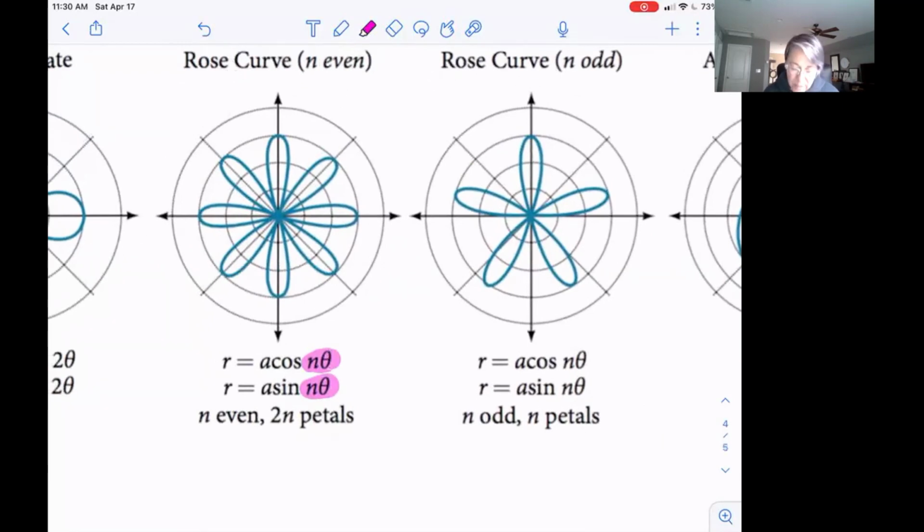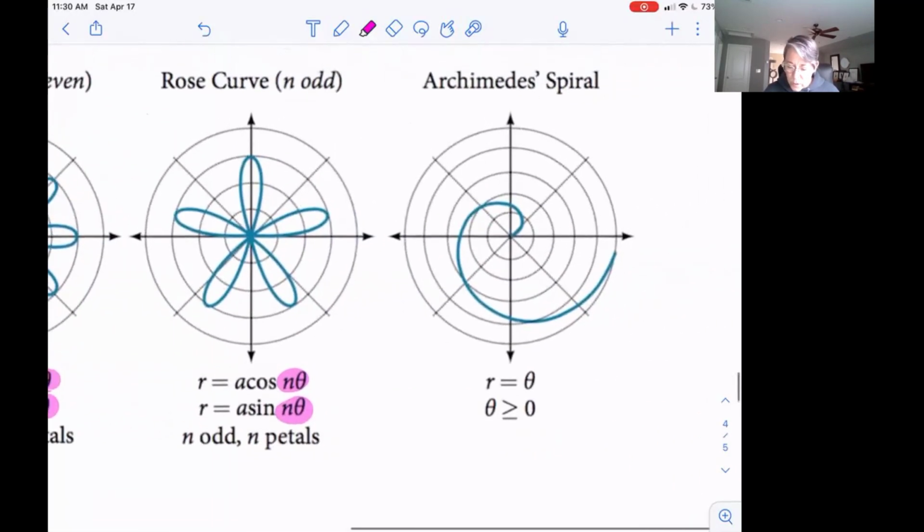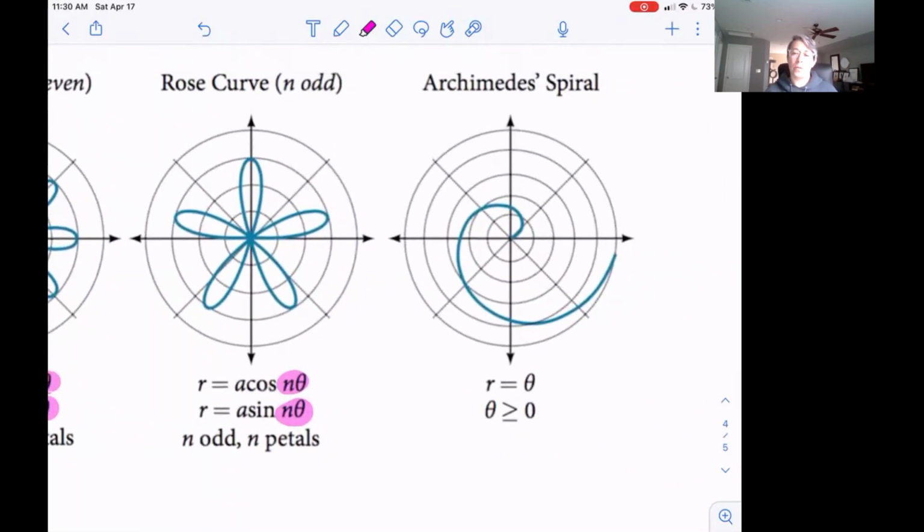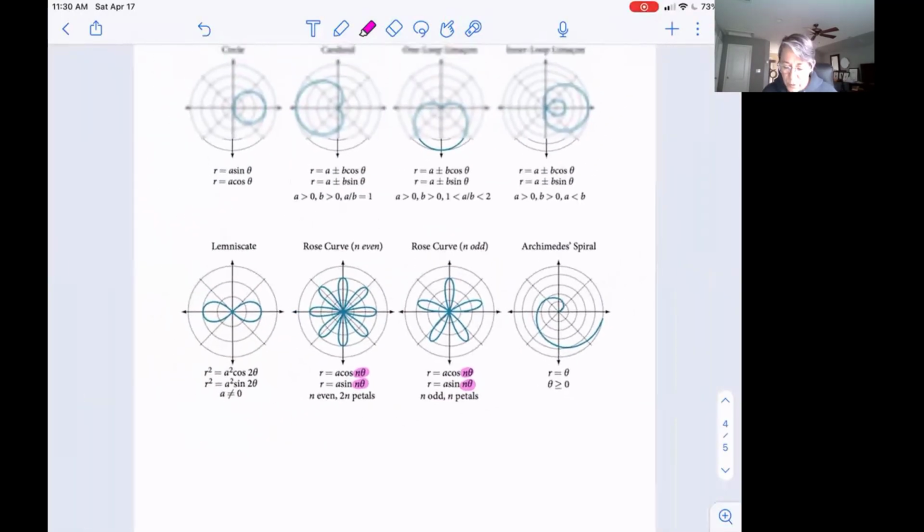If the n is even, an even number of loops, depending on how many ends you have. Or we have a rose curve that has an odd number of petals. I think this is more like the last one that we had. We had 3 theta, right? So rose curves. And then the last one was Archimedes spiral, and it can keep going kind of in that direction there. So these are pretty cool.